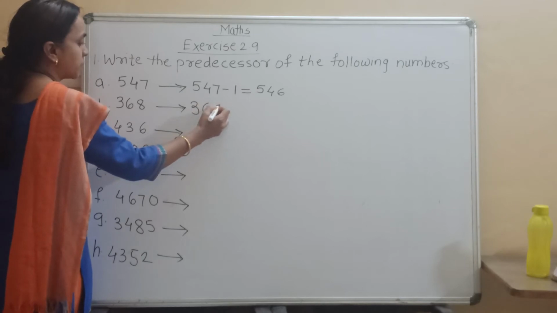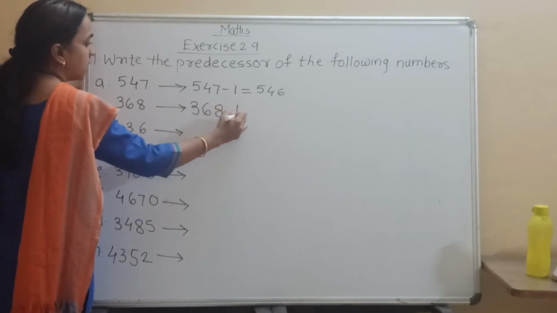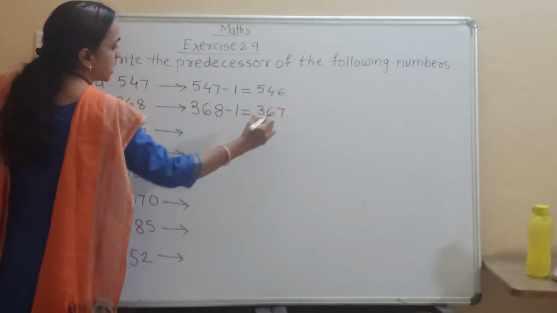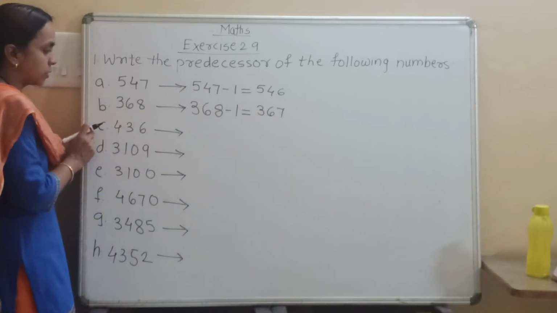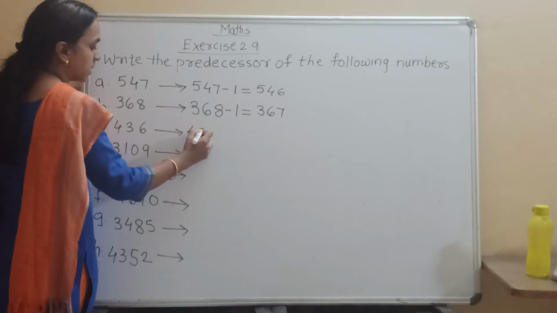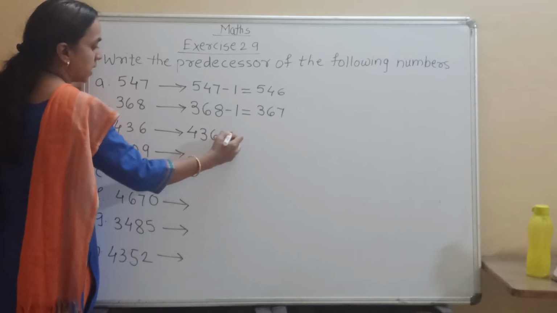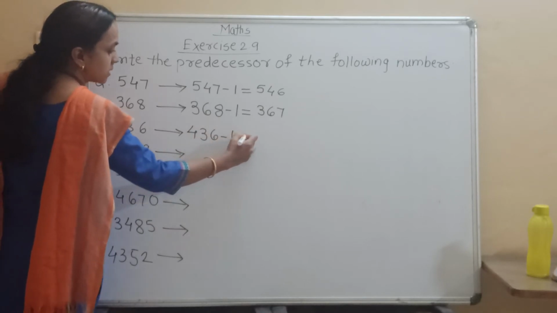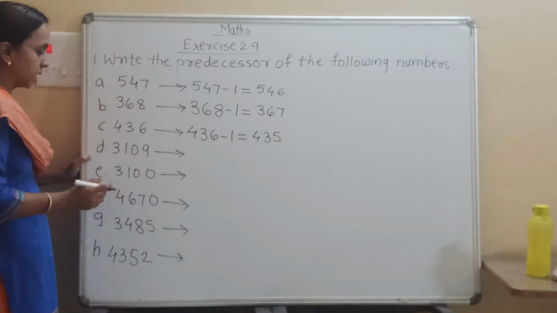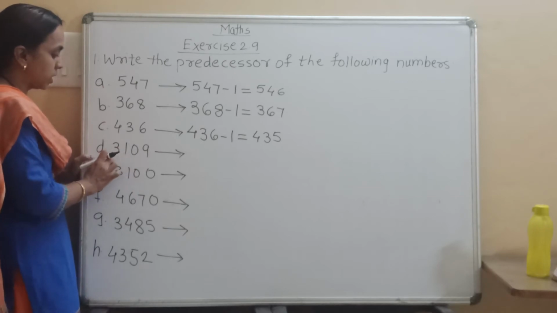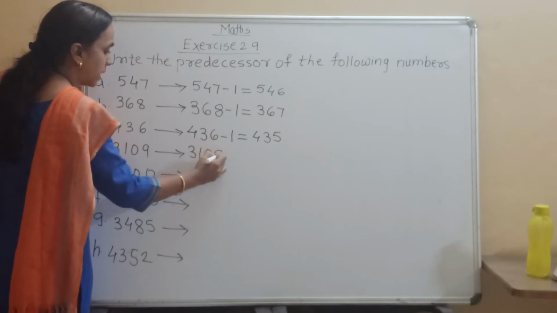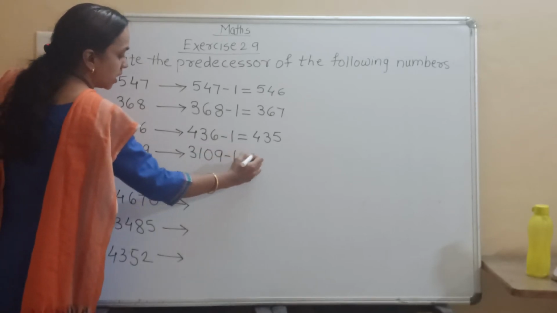So the predecessor of 368 is 368 minus 1, 367. Okay. Now C question, 436. The predecessor of 436 is 436 minus 1, 435. Okay. Now see D question, 3109.